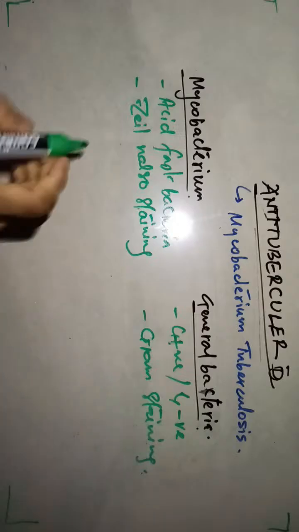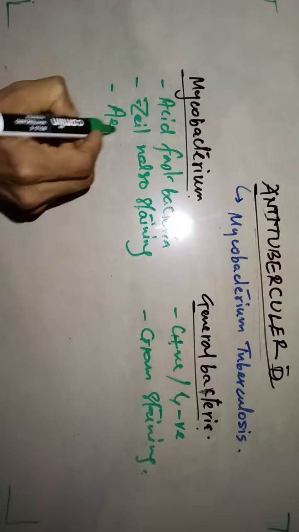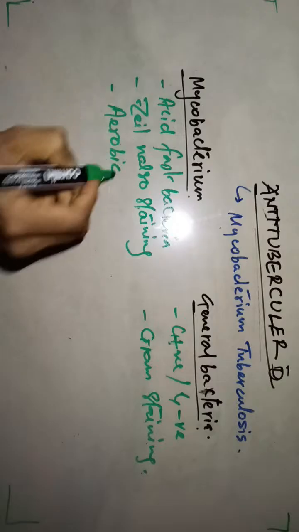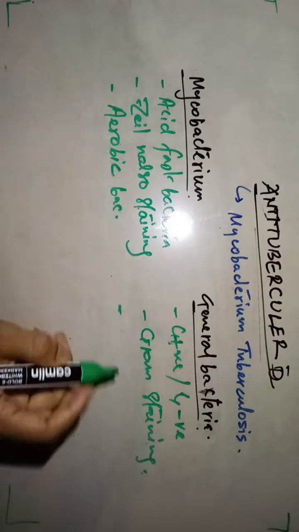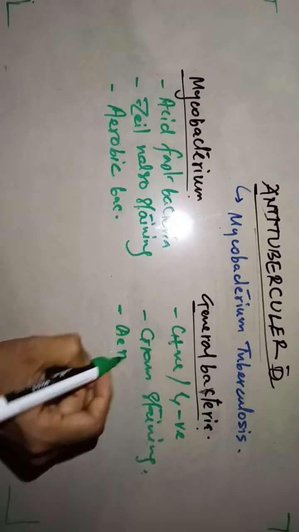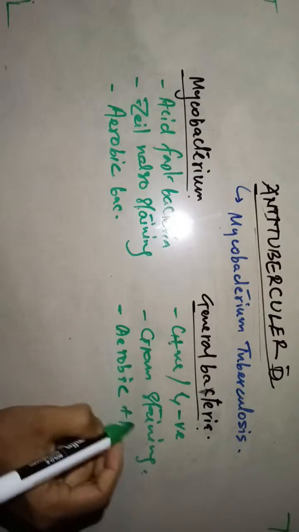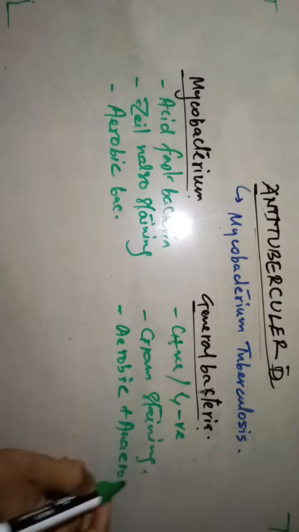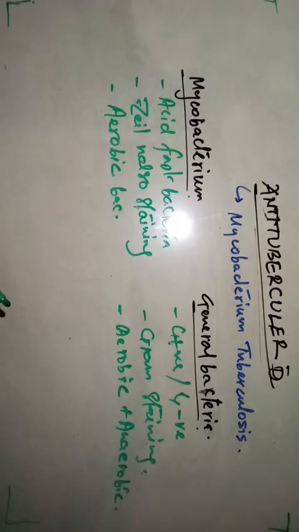Okay. Next, Mycobacteria are aerobic bacteria, whereas general bacteria are aerobic plus anaerobic, that means aerobic and anaerobic bacteria.